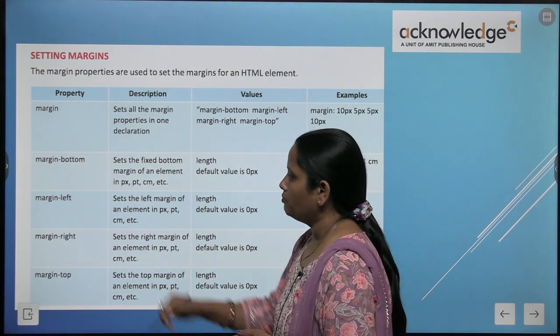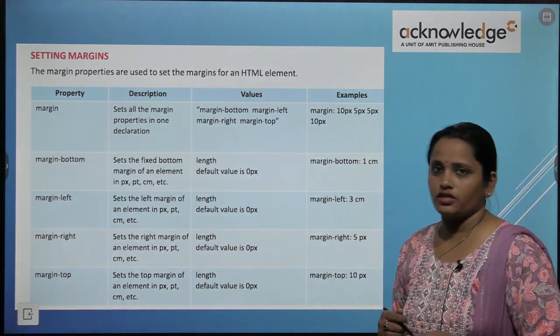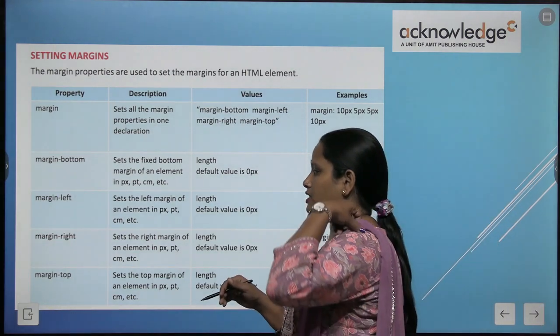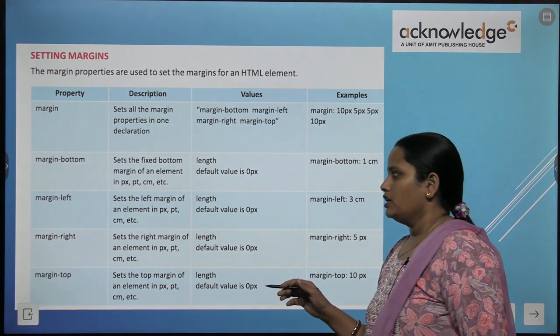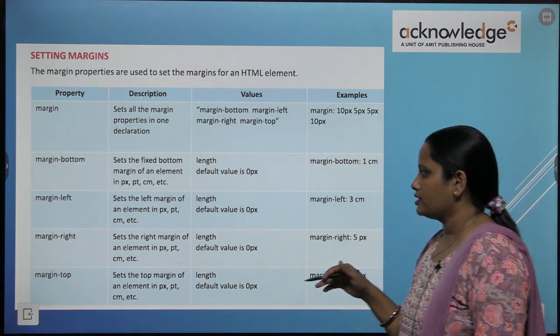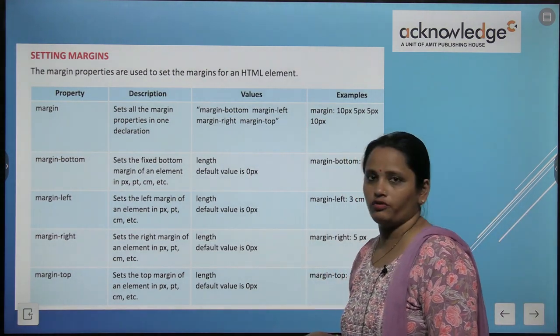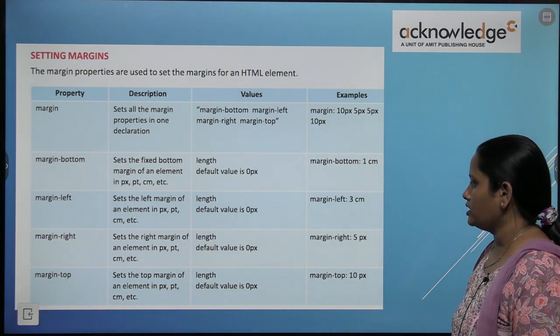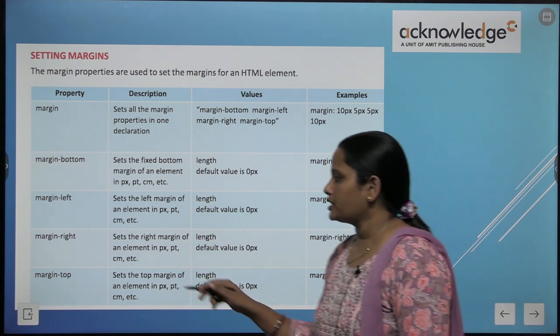Next comes margin left, which sets the margin of an element in px, pt and centimeter, etc. And the margin comes to the left. The value is length and the default value is 0px. Margin to the left is 3 cm. Next is margin right.